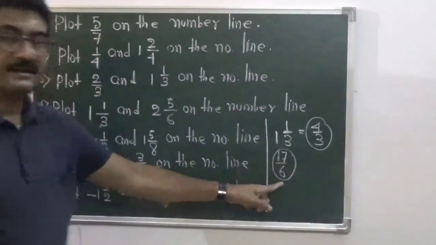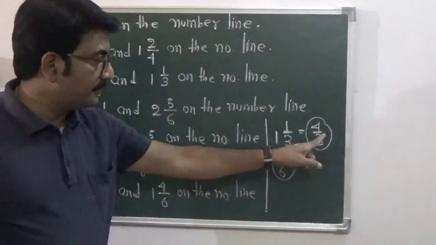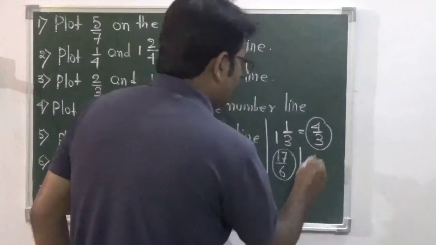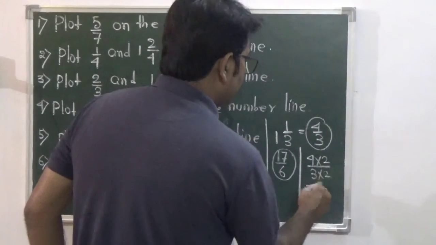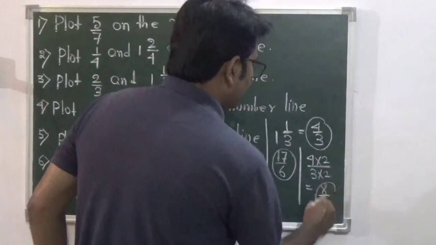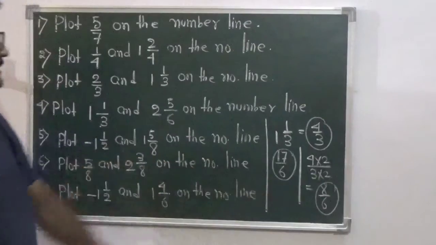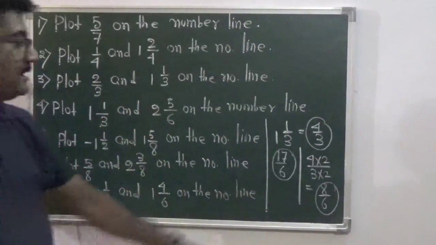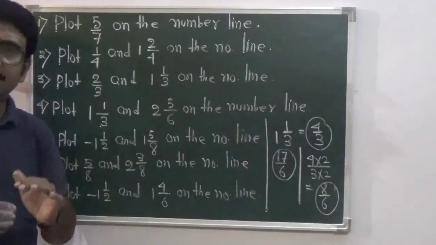In this case we have 6 in the denominator, here it is 3, so you have to make it 6. So we write 4 into 2 by 3 into 2. So this becomes 8 by 6. So we will be plotting the number 17 by 6, that means 2 5 by 6, and 8 by 6, that means 1 1 by 3 on the number line.